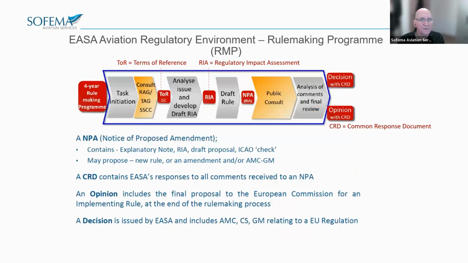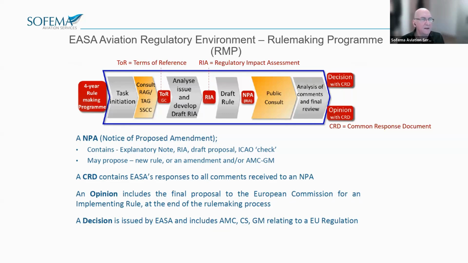This is the process followed. This flowchart shows a sequence of actions when EASA adopts a new safety recommendation involving consultation with industry stakeholders. So it starts off with the concept of a rulemaking program, initiate the task for the new rules, consult various stakeholders and bodies in the formulation of that initial idea, and develop terms of reference.